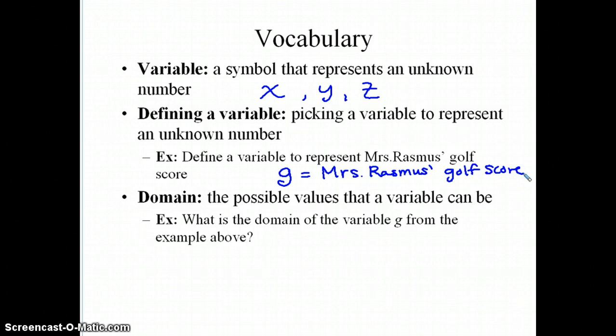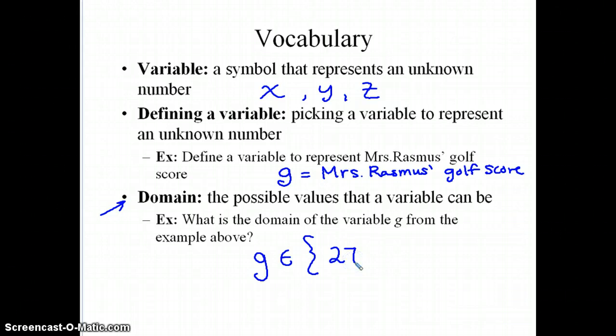When I look at my next vocabulary word, which is domain, that is the possible values that a variable can be. So, for example, when I'm looking at defining my variable for my golf score, then I can look at what are some possible golf scores I could have. So I say G is an element, and the domain could be, if I was on a par 3 course with 9 holes, I could possibly have a score of 27.